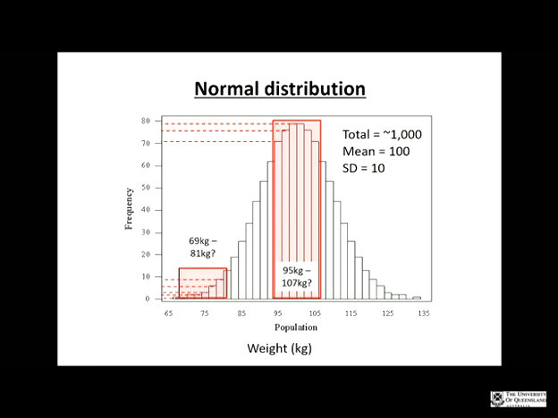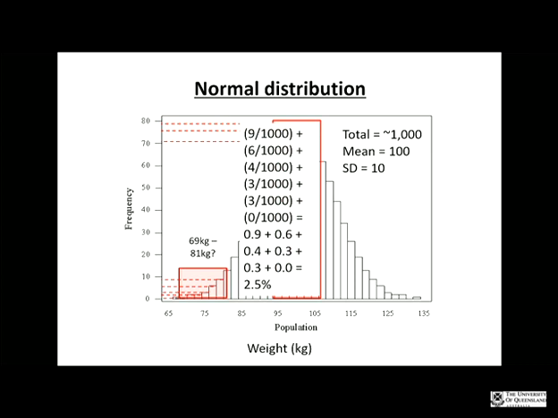So what about out near the 80 kilo area again? If we tried to sample 69 to 81 kilograms, I wonder what the chances are of falling within that range. You could calculate it all from first principles if you had to, and you can see that there's only a 2.5% chance that our sample mean would be out in that range.